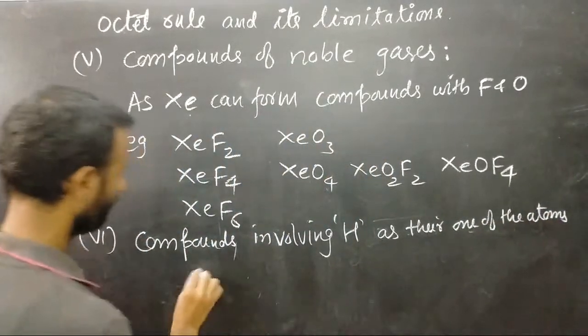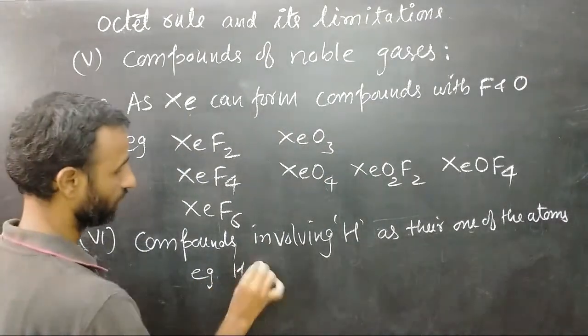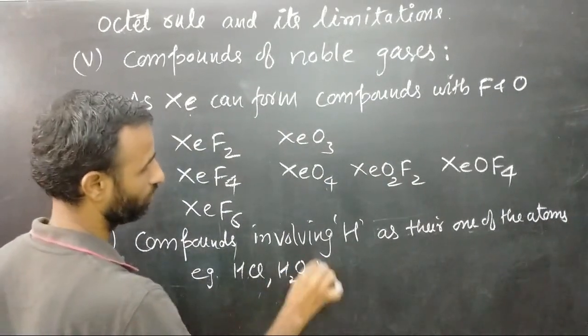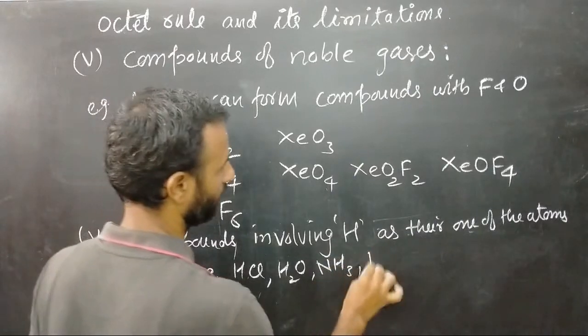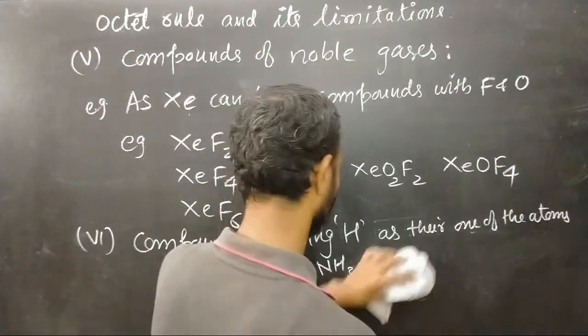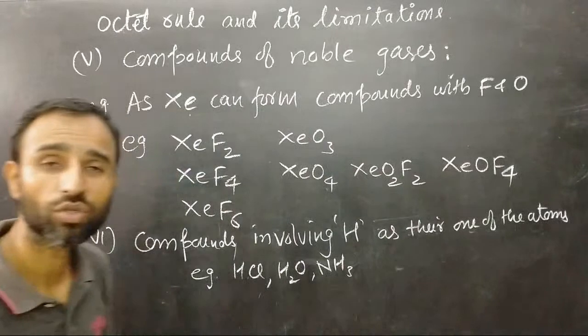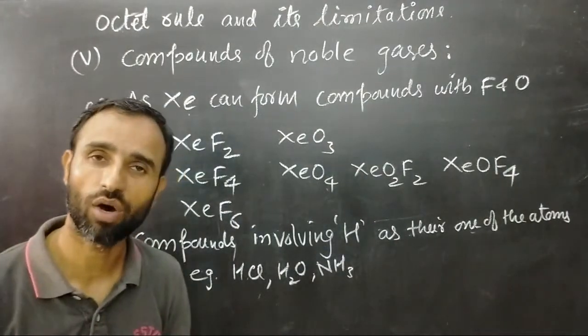For example, HCl, H2O, NH3. That's all. So these are all the limitations of the octet rule.